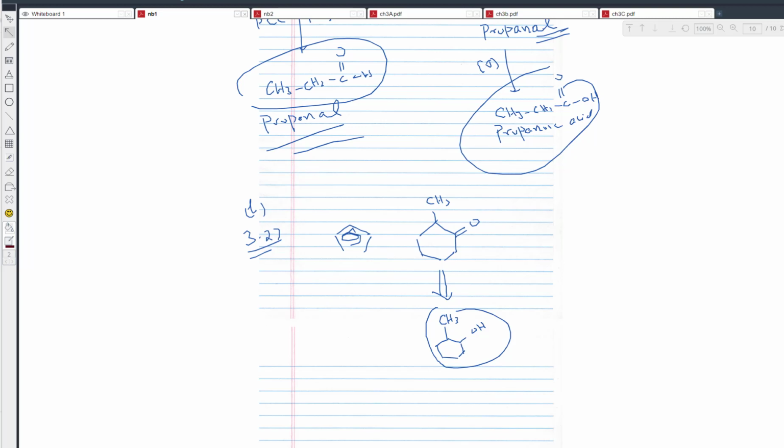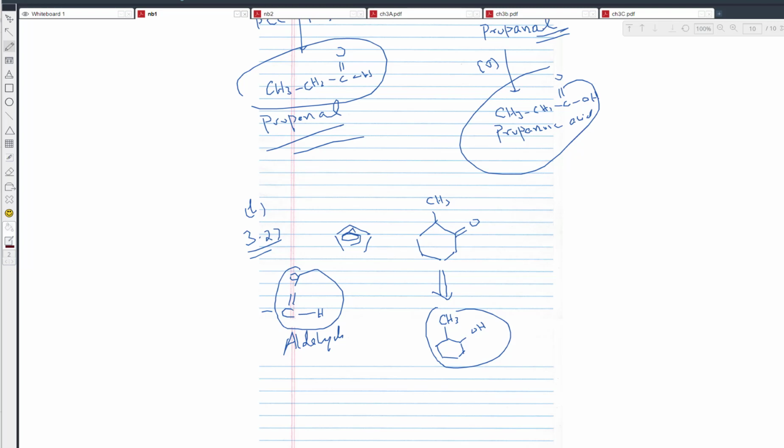If you see a carbonyl carbon with at least one hydrogen, this group is an aldehyde. If I were to name it, it would be cyclopentane and then remove the E and put AL. Cyclopentanal. So what alcohol do you need?